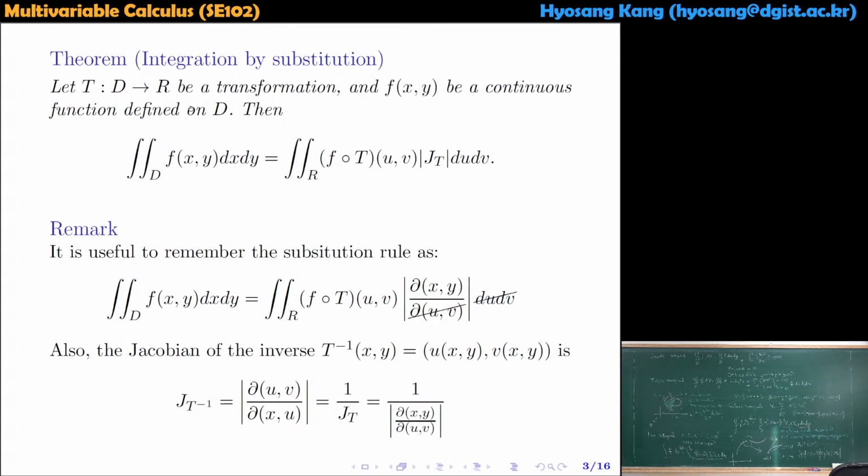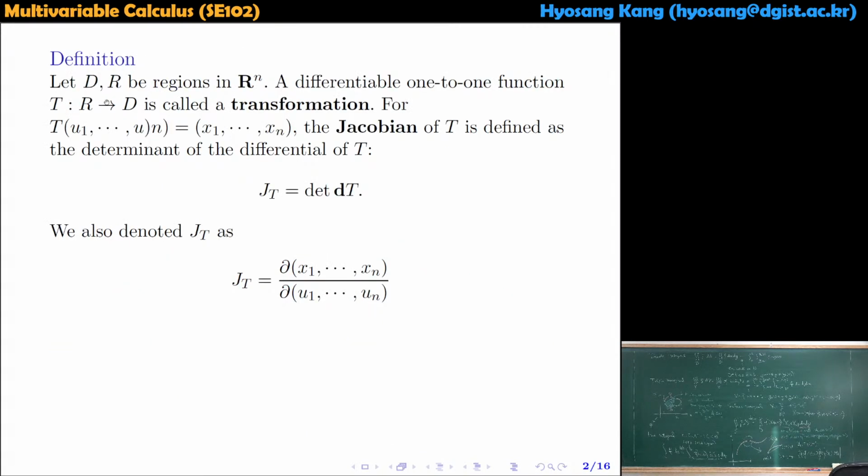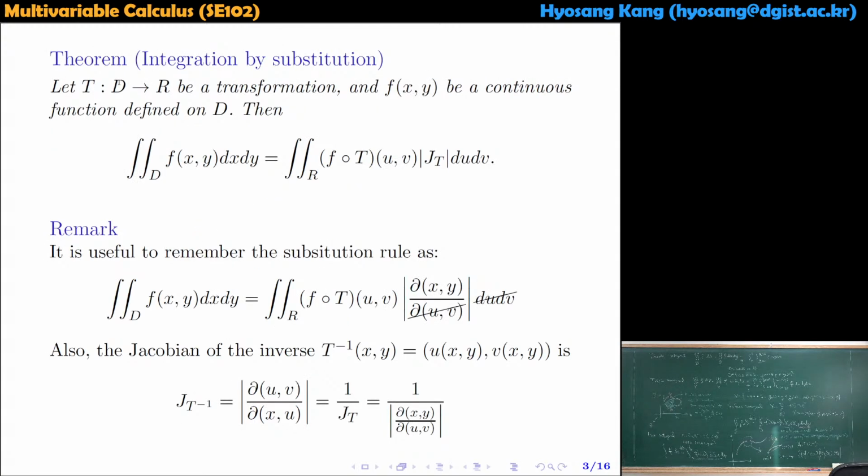So here is integration by substitution. Let's say we have T from D to R, which is a transformation. I have to change this to the opposite direction too. It doesn't matter as long as it's one-to-one. So let's say we have a transformation from D to R, and we have a function defined on D, so it's a function defined on the domain of the transformation.